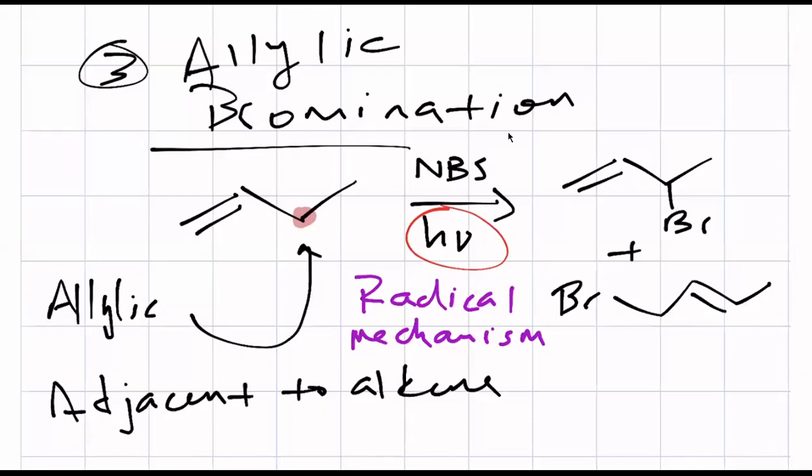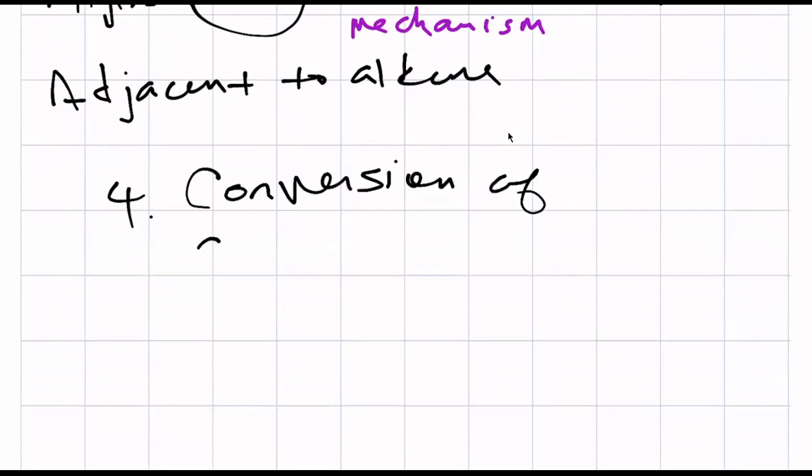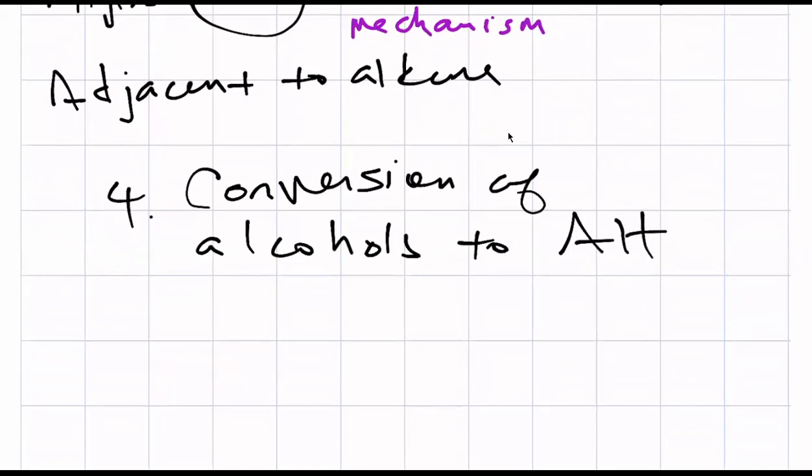So you got allylic bromination. And then the fourth method, which is actually three different reactions, is conversion of alcohols. All right, so conversion of alcohols into alkyl halides. Right, and with that, there are three different methods you can use.